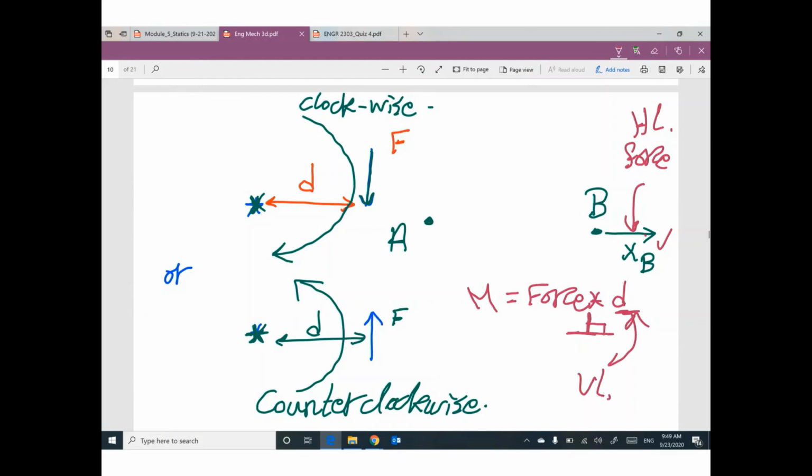So the question must be: what is the vertical distance between this force and this point? Actually, we don't have vertical distance because both of them are on the same line. So your vertical distance equals 0.